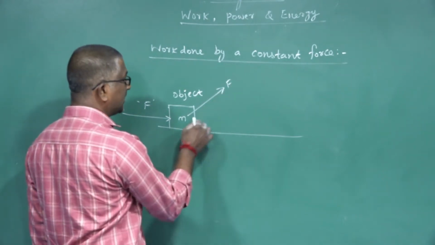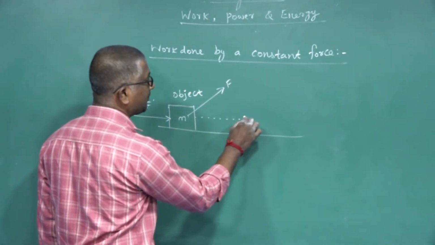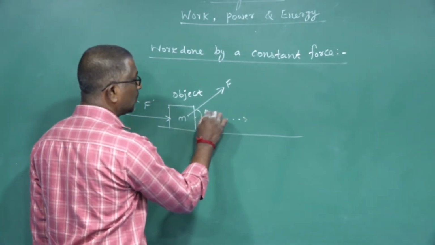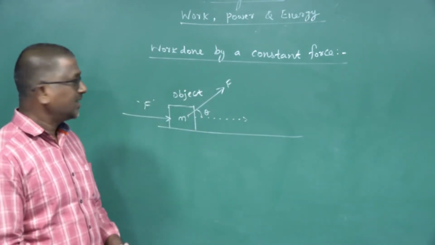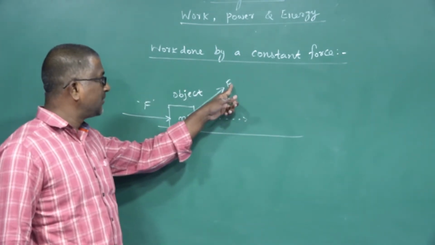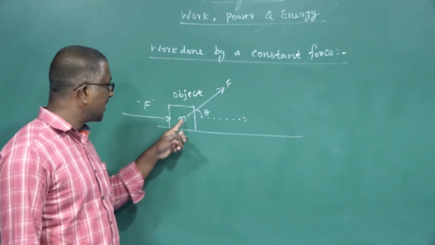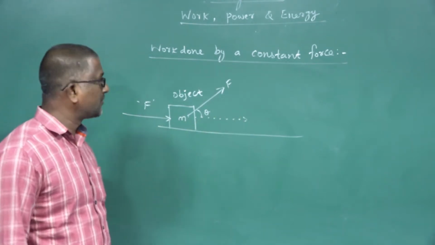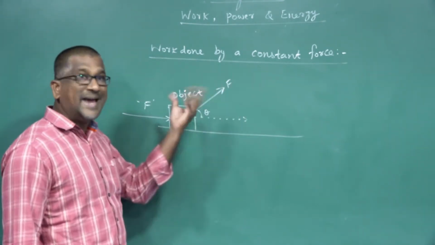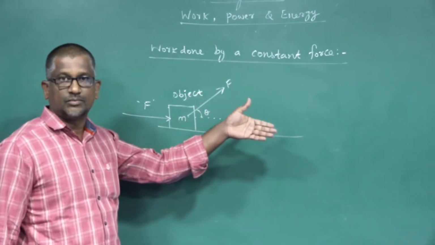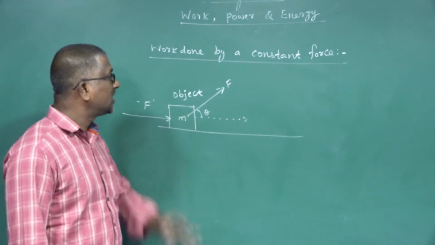The force makes an angle of theta with the horizontal. So there is a constant force F acting on a body of mass m, which is kept on the horizontal surface, and the force makes an angle of theta with the horizontal.